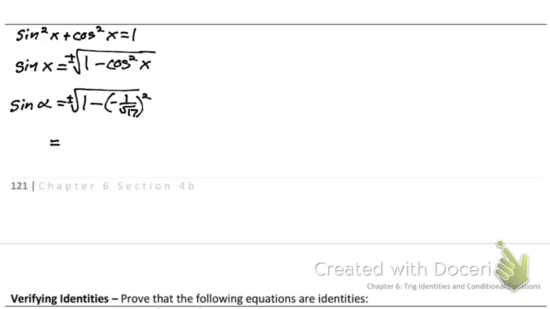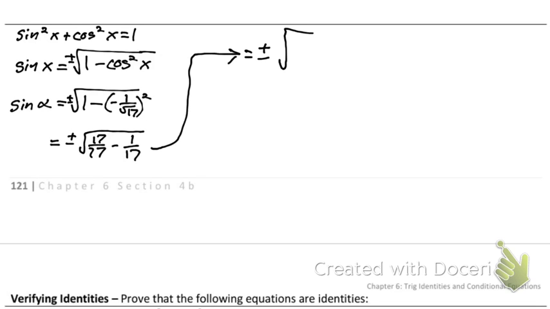These are all plus and minuses. So we plus and minus the square root of 1 minus, actually I'm going to change that to 17 over 17 just to save me a step. Minus 1 squared is just 1. Square root of 17 squared is just 17. Continue up here. We are going to have plus or minus the square root of 17 minus 1 is 16 over 17, which is going to equal plus or minus 4 over the square root of 17.